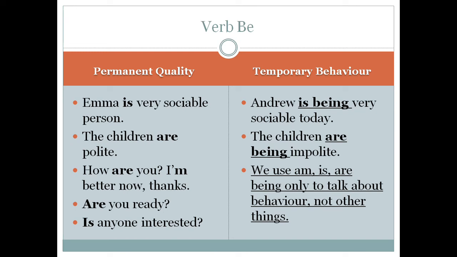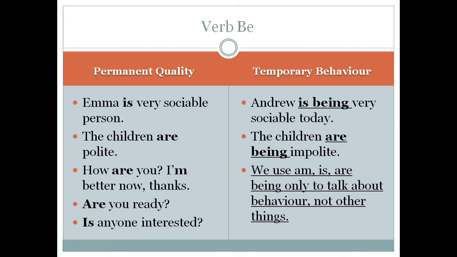The children are polite. That's their state. But when I say the children are being impolite, this means that their behavior changed and they became impolite, and it's a temporary behavior for them.